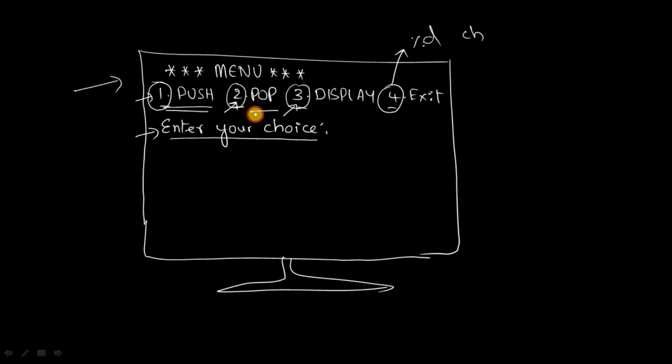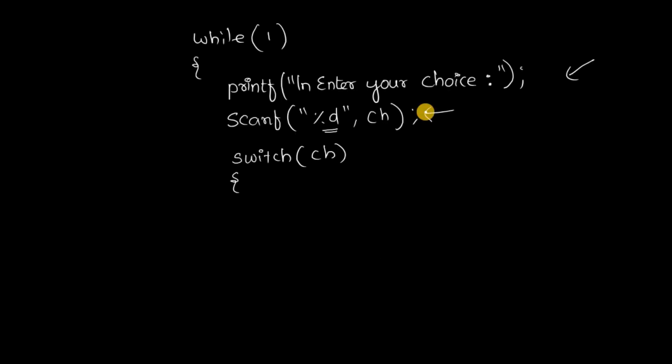First case for push, second case for pop, third case for display and fourth one for exit. So totally 4 cases I have to write. So first one, case 1. Give space between case and this number or option. So case 1 corresponds to push operation.